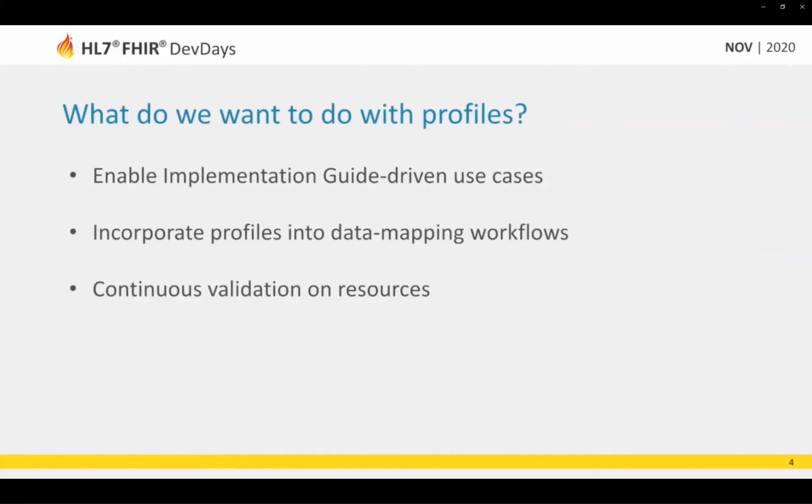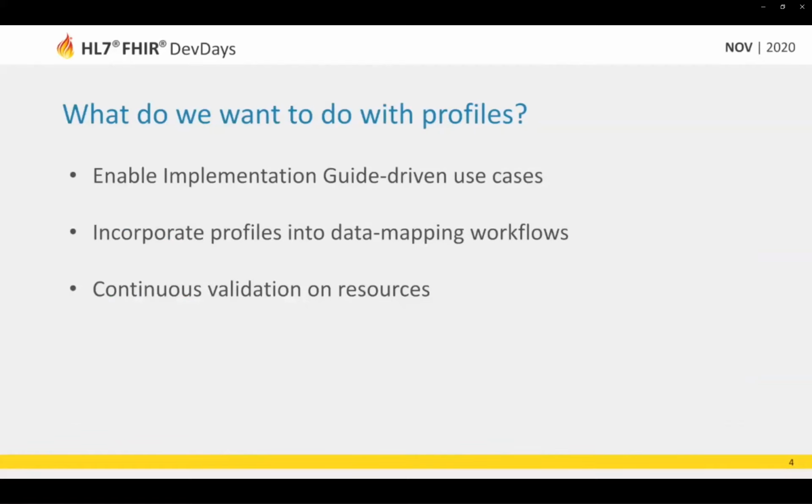So what does Google want to do, and what do Google Cloud customers want to do with profiles? So we're focused on enabling implementation guide-driven use cases. Customers want to conform to a particular implementation guide, like you saw with US Core, and they want the Cloud FHIR store to help them do that. We've also been working on incorporating profiles into data mapping workflows.